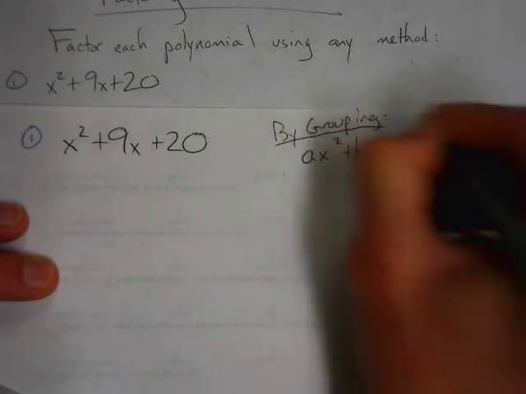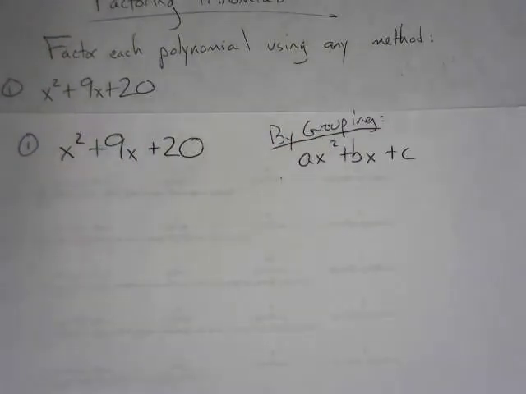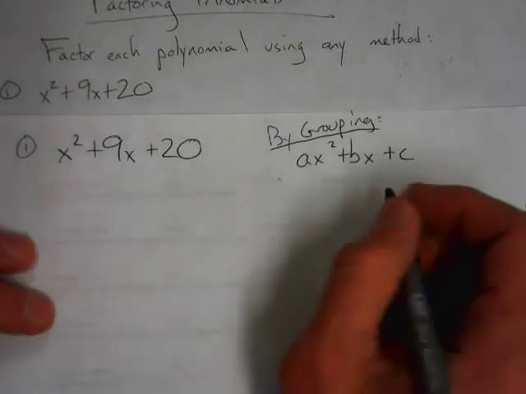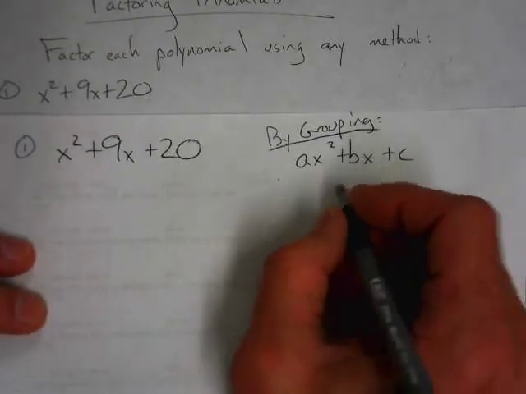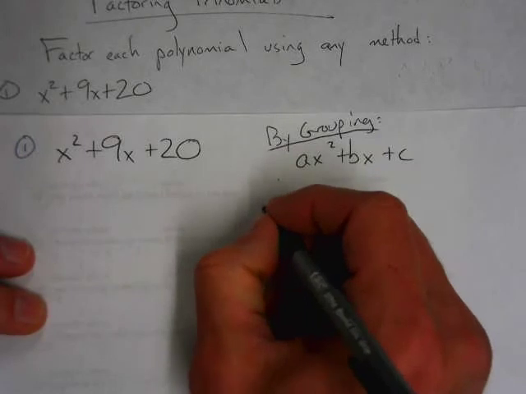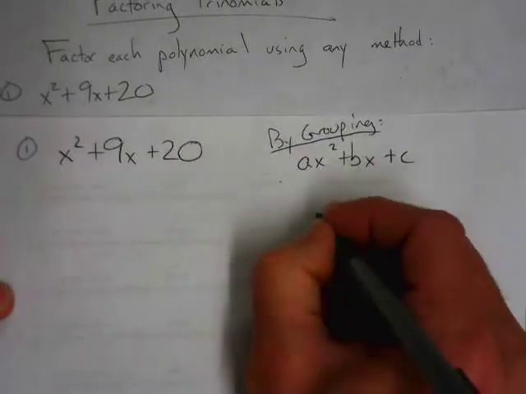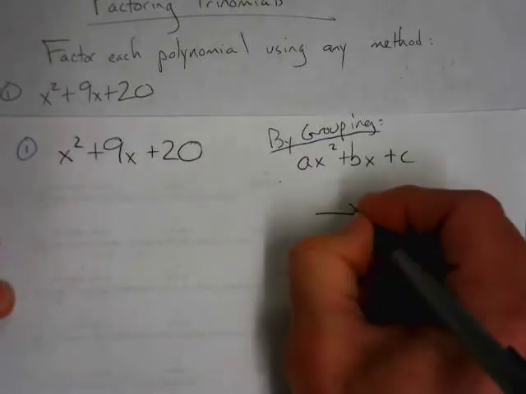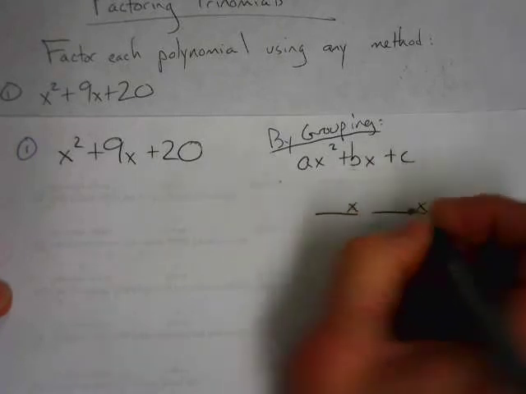So how can we factor by grouping? Well, the first thing we're going to do is take that middle term, bx, and call it blankety blank. So instead of having a bx, we're going to have a blankety blank x. That's what we'll have in the middle.